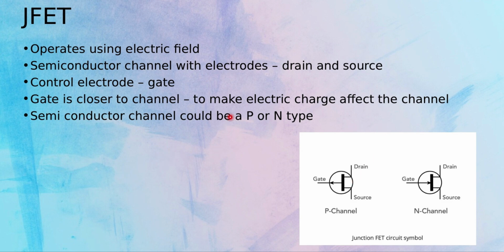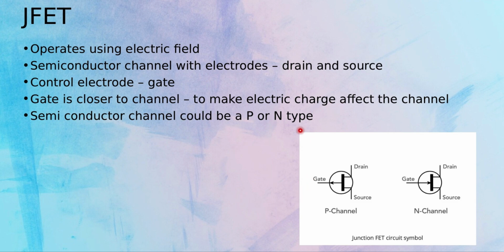Wait a second. Do you remember what the three terminals of BJT are called? The base, the collector and the emitter. Similarly, field effect transistors have three terminals which are called the gate, the drain and the source. The control electrode is the gate.